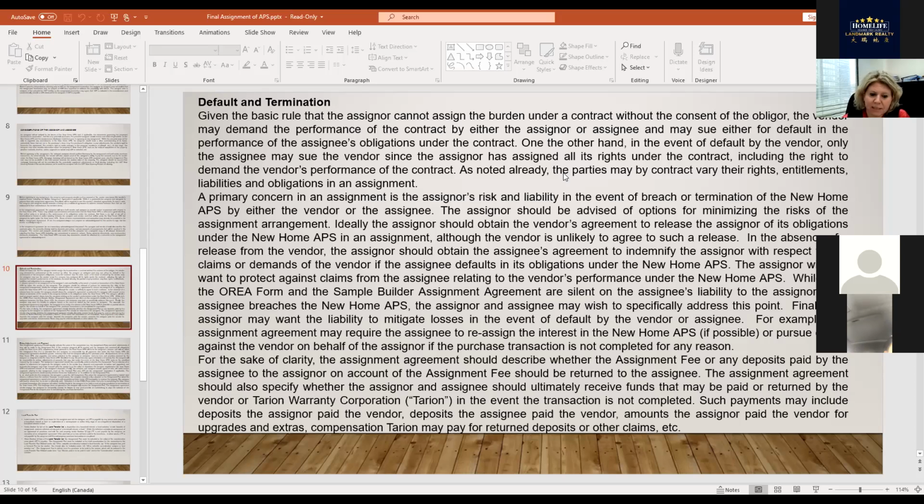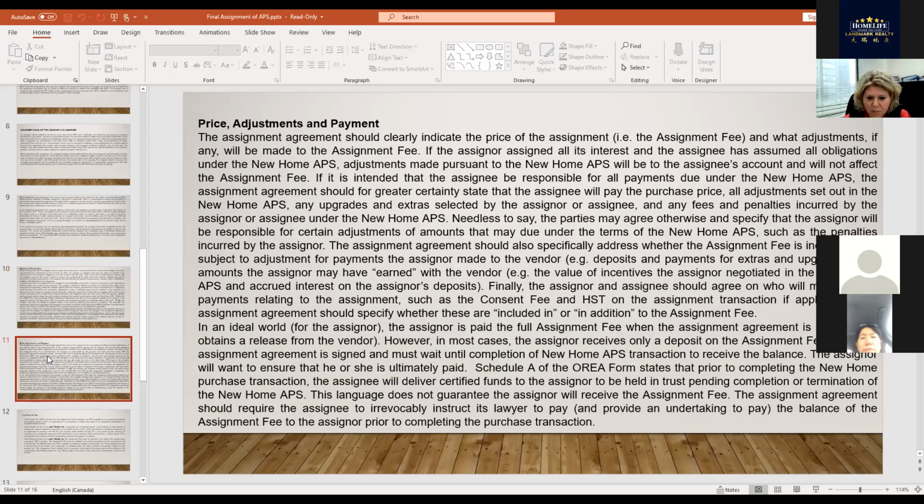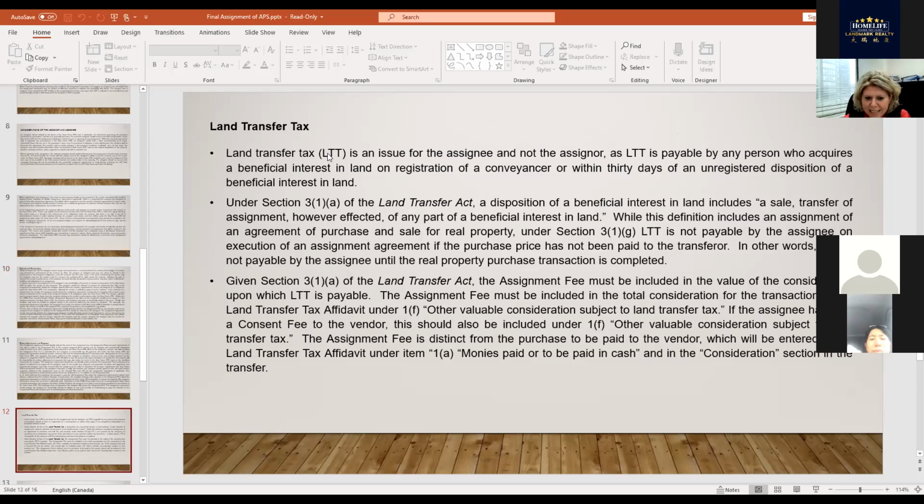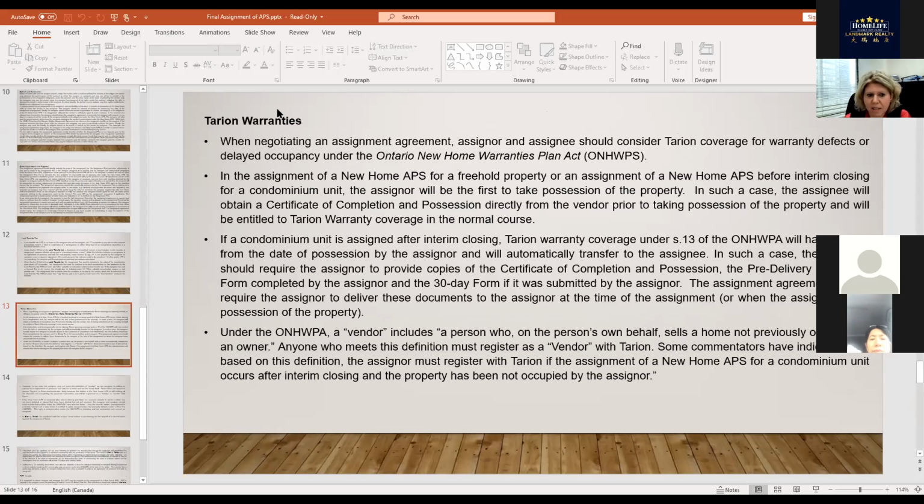If you represent the assignee, you may want the same from the assignor. But then, with this payment adjustment, land transfer tax will be paid by the assignee at the closing date. So at the assignment stage, nobody cares about the LTT, the land transfer tax. It will be their responsibility. What we should care about is the Tarion warranties.